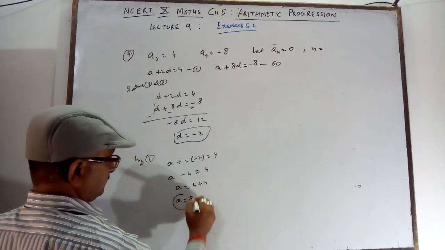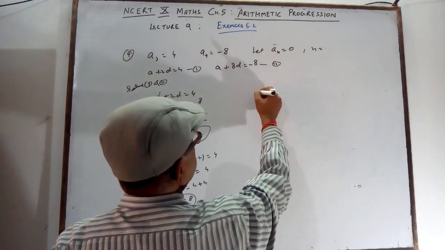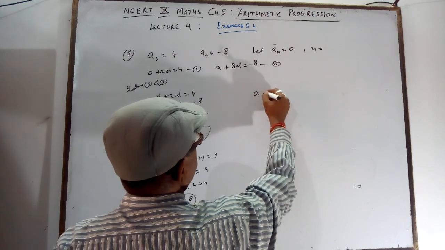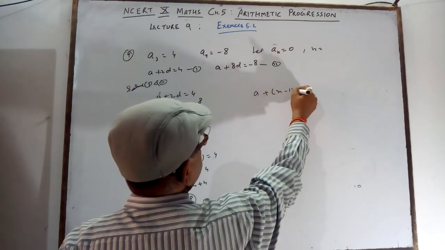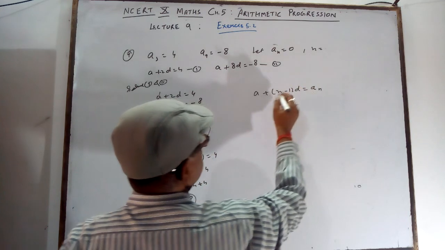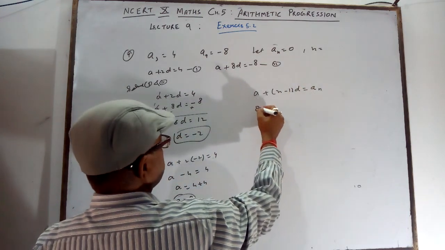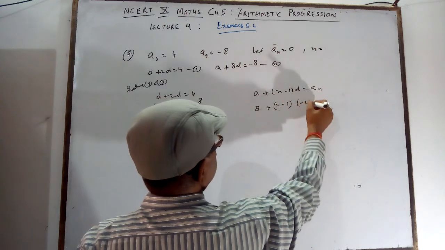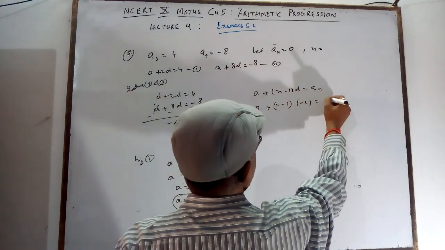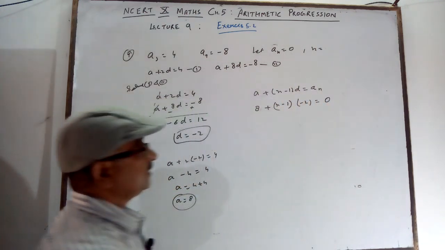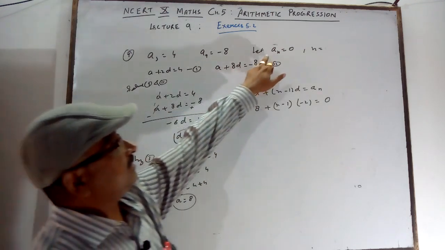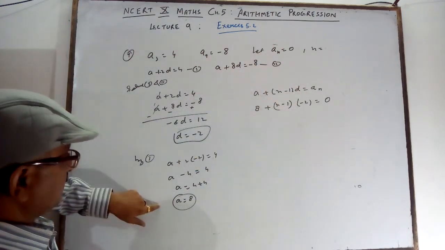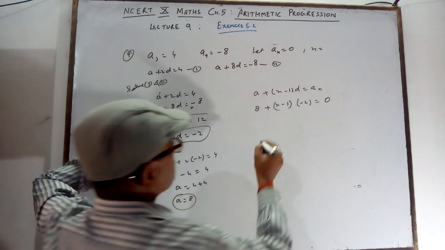Now AN is equal to A plus N minus 1 into D, which is equal to 0. A is 8, D is minus 2.